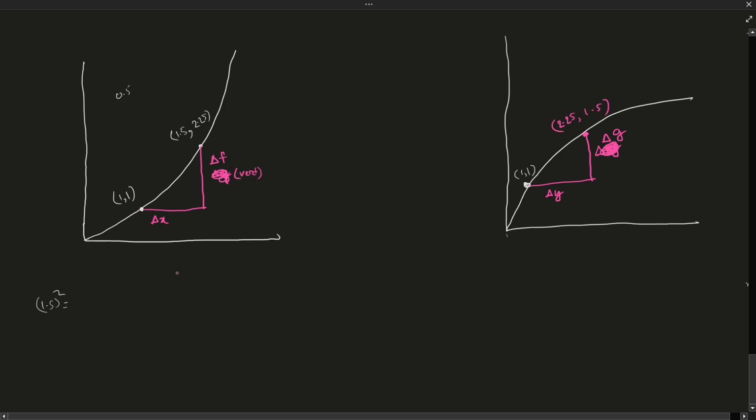So here the slope is del f by del x, and here the slope is basically del g by del y, which is basically we can say del x by del f.